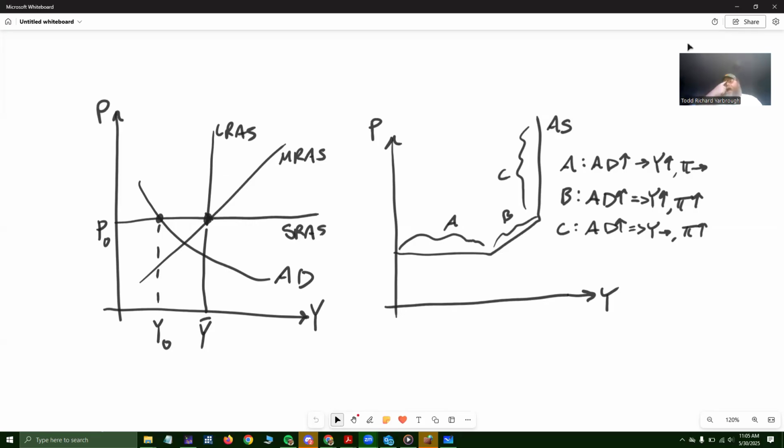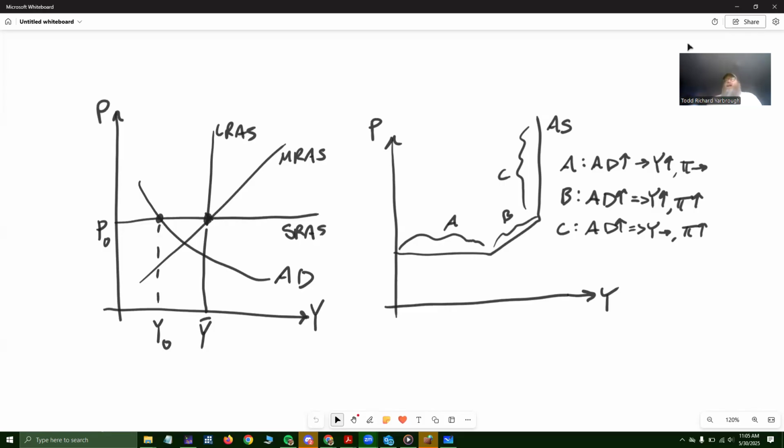I tend to like to add the medium run into that because I don't think it adds that much complexity to it. And to me, ultimately, if we only believe there's a short run and a long run, then it's just that the medium run is zero, right? We can easily remove it from the model, but I think it's nice to have it there.